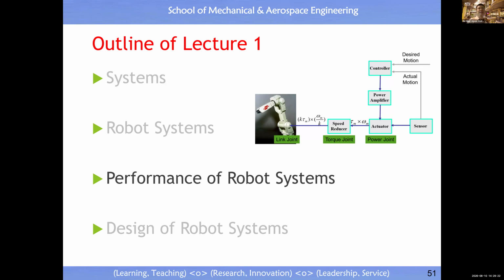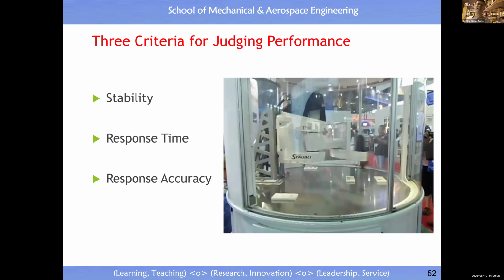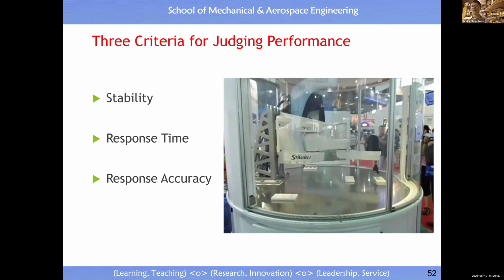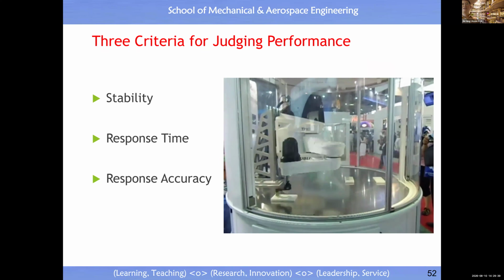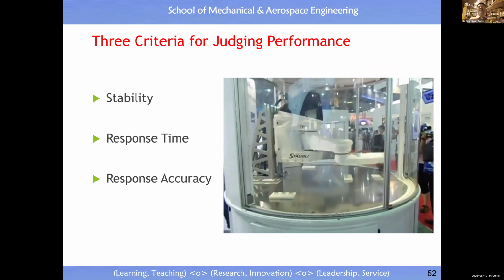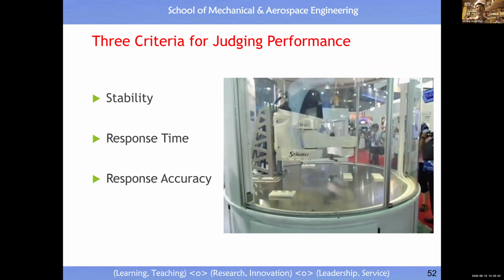Okay, up to you. Okay, then how to judge performance of a robot? Criteria is similar like control system, stability, response time, response accuracy. I just play a little bit of this video, give you idea about the response time, response accuracy, stability. Right? This robot is stable, very fast, very accurate, right?